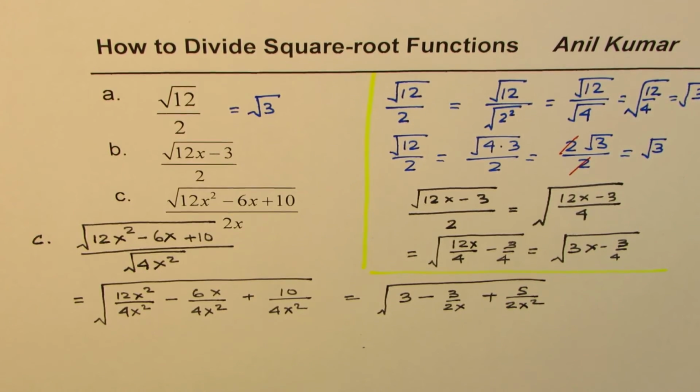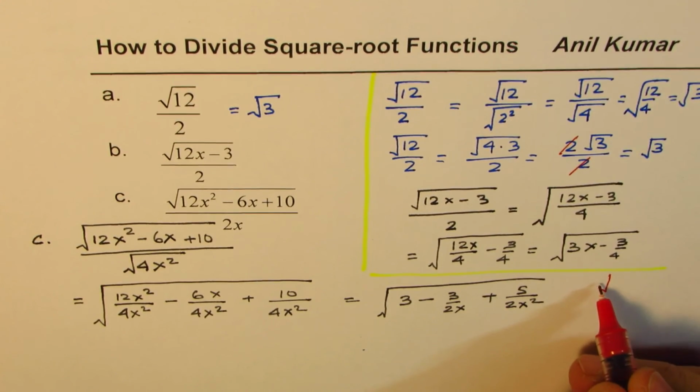So I hope with this you get some understanding about how to work with square roots and numbers, how to divide them especially. So we'll take a few more examples in this series. You should go through them so that you really understand how we could divide cube root by square root, right? So the question is, how to divide cube root by square root.